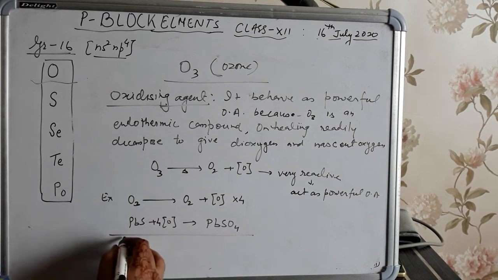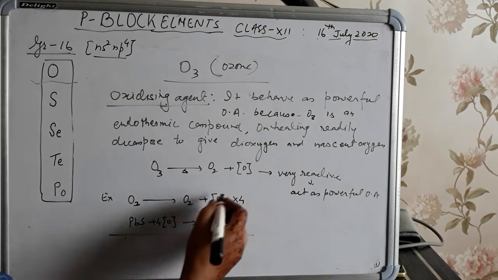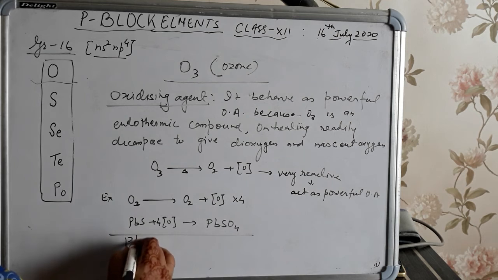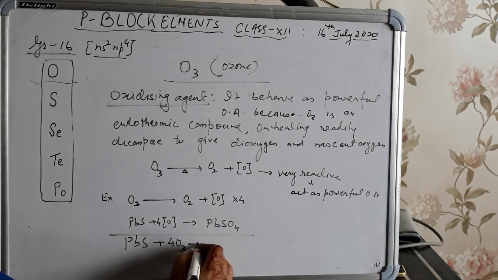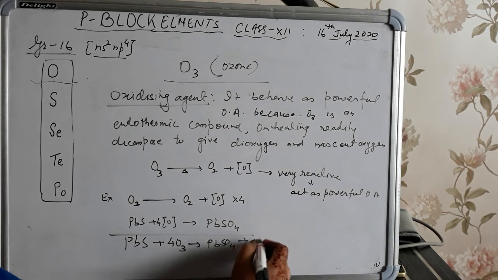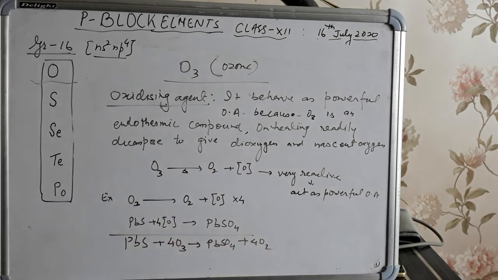So in this way you can cancel the common terms, and PbS plus 4O3, 4 ozone, forms PbSO4 plus 4O2. This is the important characteristic of ozone, in which it behaves as a powerful oxidizing agent.